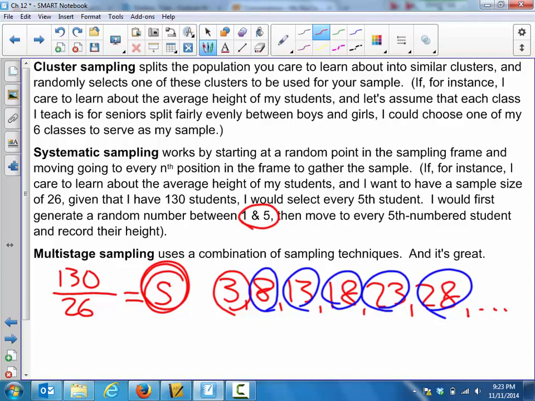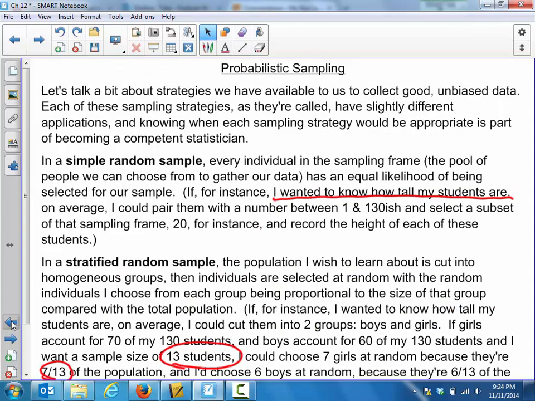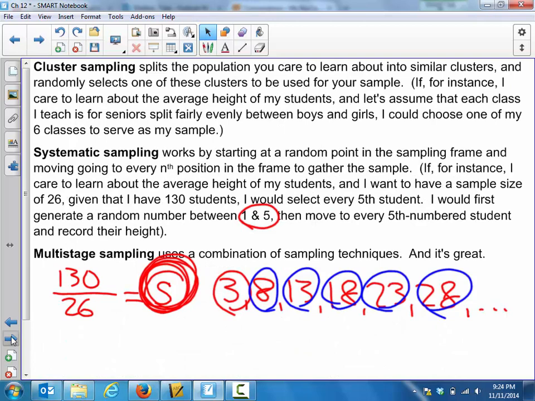Third, we showed. Fourth would be the 4th, 9th, 14th, and so on. So anyone could be in the sample, and they all have an equal likelihood of being chosen. There are 5 different groups of people I could include in my sample, so everyone in the student body I teach would have a 1 in 5 chance, or a 20% chance, of being chosen. So it's fair in that regard too.